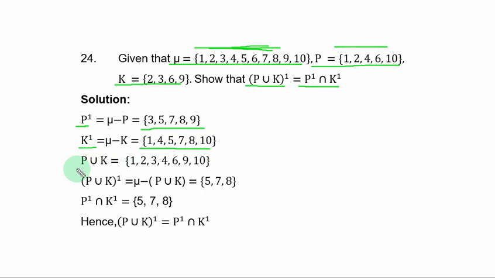Next, we are to get P union K before the complement. The combination of the elements in set P and K form the union. You have this result. Next, you get the complement of P union K. That is the elements in the universal set but not in P union K. You have 5, 7, 8.